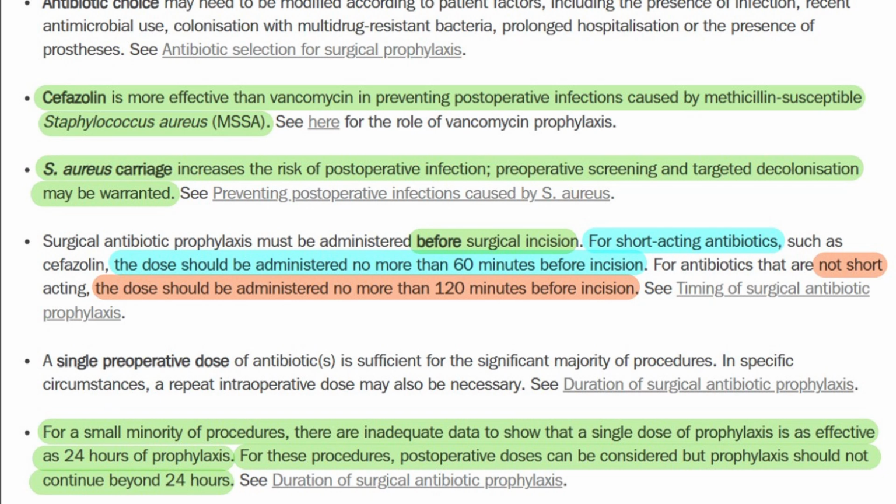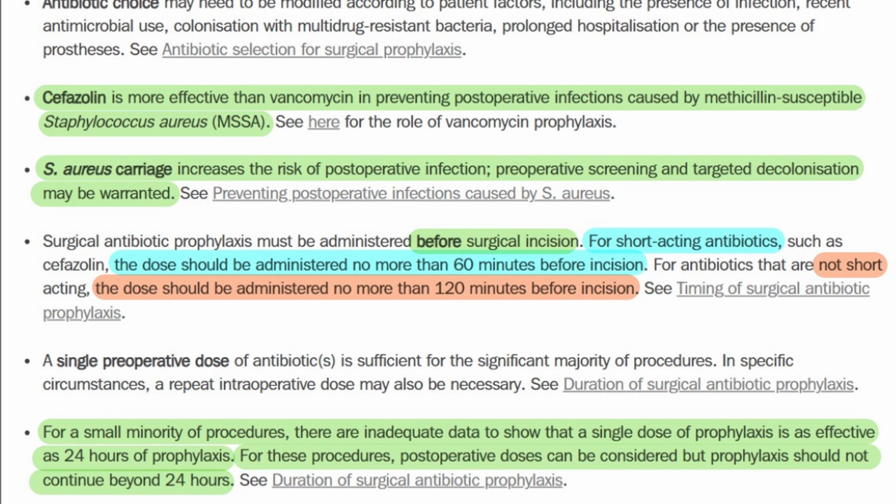Now, surgical antibiotic prophylaxis must be administered before surgical incision. Make it a point. So you have to do this before the surgical incision. Now, how long before the surgical incision? If you're looking at some short-acting antibiotics like cefazolin, it should be administered no more than 60 minutes, that means let's take it an hour, before incision.